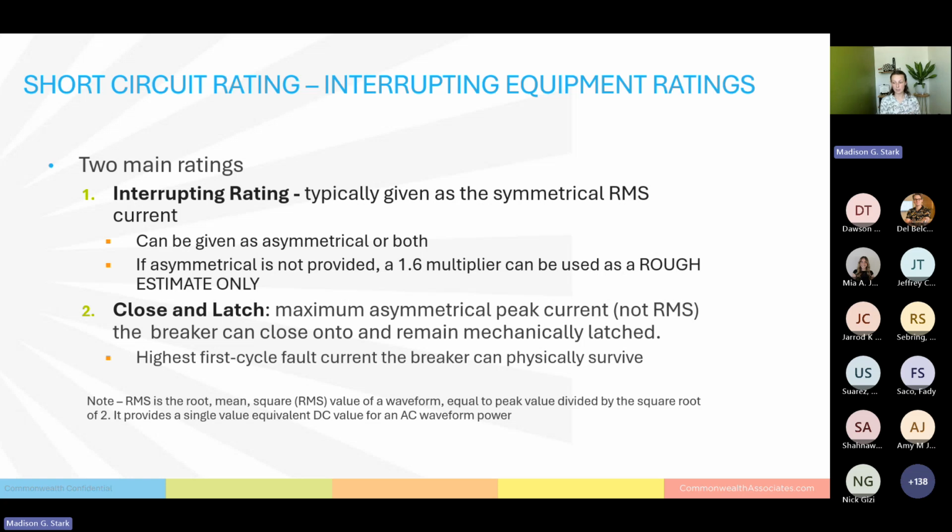For interrupting equipment specifically, you have two main ratings that tie back to those parts of the fault. The first is the interrupting rating, and this is typically given as a symmetrical RMS current. It can be provided as asymmetrical or both, but we're almost always going to see the symmetrical RMS current.